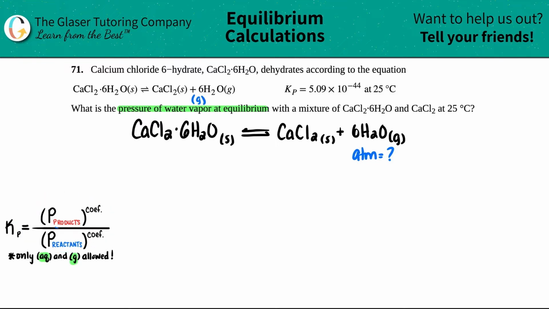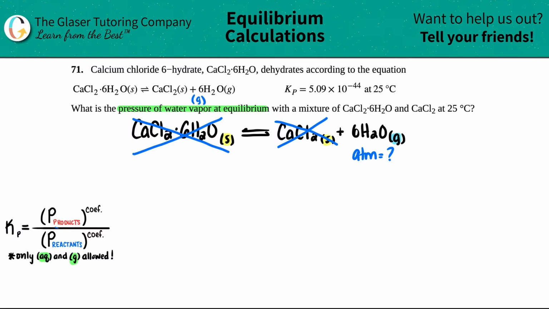So always go for those states first. But this one is a solid. Here's another solid. And then I have a gas. Remember, only aqueous and gases are allowed. So is this hydrate allowed? No, it's a solid. No solids allowed. And the same for this one. So I don't even care about this compound. Get rid of it. Exit it out, just say to yourself, I don't care about this one when I'm writing my Kp equation.